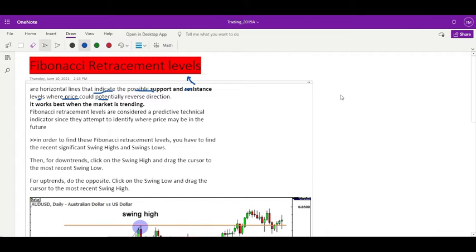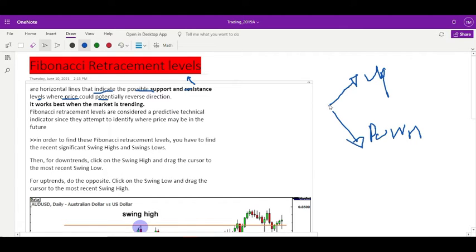So first of all, when you're using this indicator, you need to know that it works if you see a pair that is going in an uptrend or a downtrend. That's where it works perfectly. It doesn't work in a ranging market, it works in an uptrend or downtrend, right?